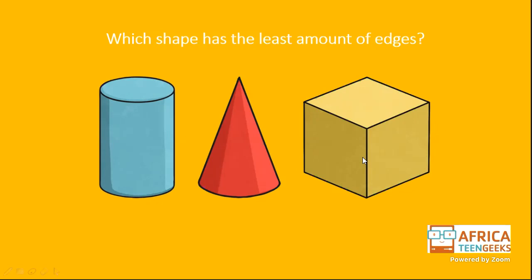Maybe we should have a session where you teach me how to say your names. Right, you guys are correct. A cone only has one edge. It's right here where the circle meets this part. If you look at the cylinder, we'll have an edge at the top and an edge at the bottom. And then obviously a cube has a lot of edges.